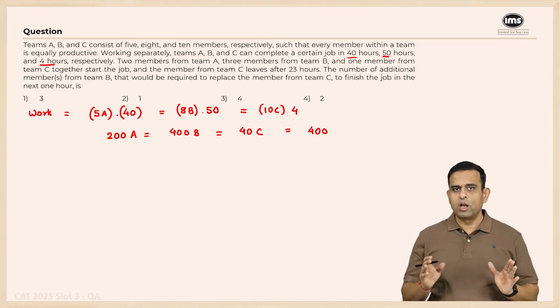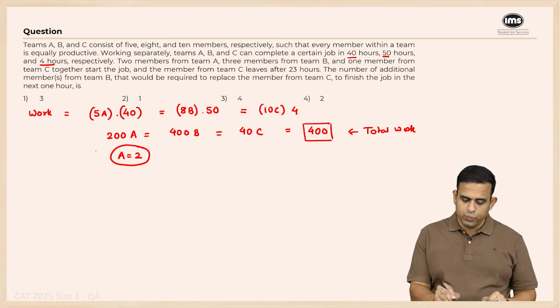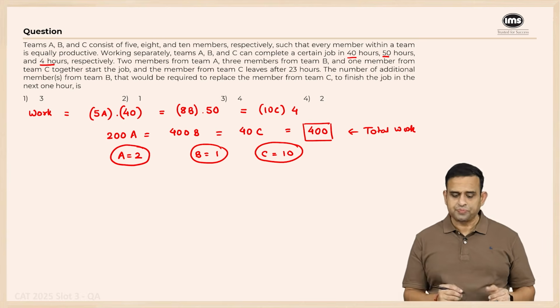I'm assuming the total work to be equal to 400. So the efficiency of each member of team A will become 2. The efficiency of each member of team B will become 1, and the efficiency of each member of team C becomes equal to 10.